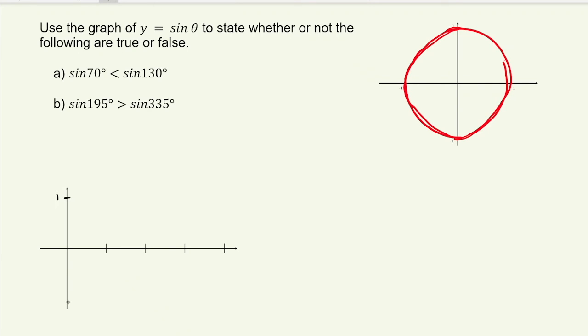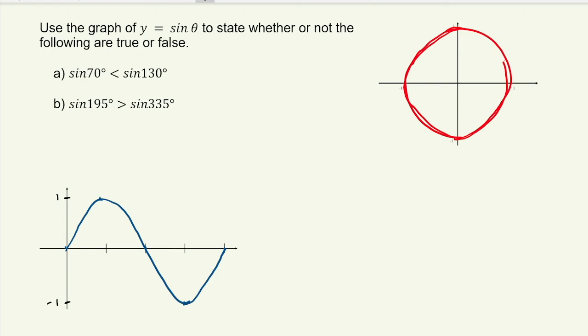There's my 1. There's my -1. I know for sine theta it's going to look like this. Now pop it in. Alright, there's my y equals sine theta graph. That is the estimate.